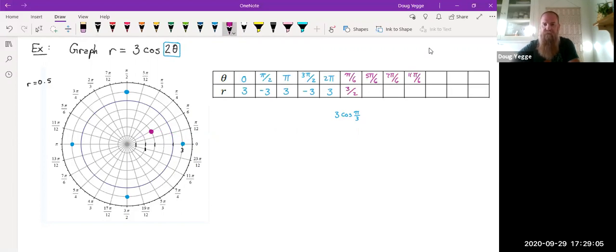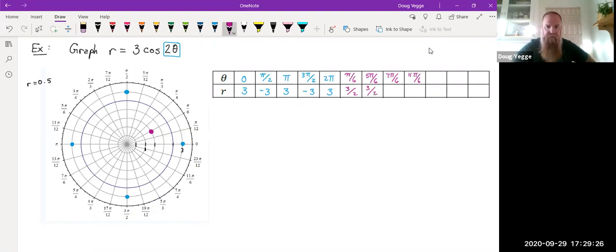Okay, so now let's pick 5 pi over 6. The only difference there is that now we're going to get 5 pi over 3. 5 pi over 3 is in the 4th quadrant. And so cosine of 5 pi over 3 is also 1/2, times 3 gives me 3/2.